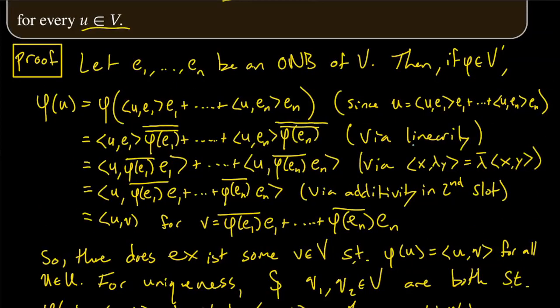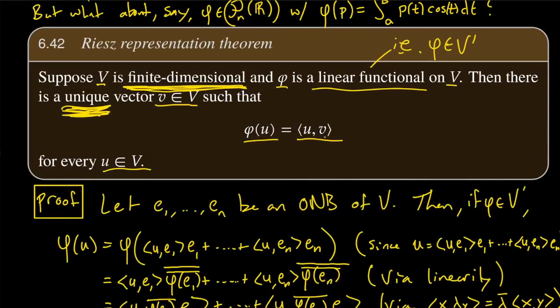And we're done. That is, we found a vector and we said, hey, suppose there are two such options. We showed that really it's actually the same option. There was only one way to do this in the first place. The Riesz representation theorem, guys. How about it? If V is finite dimensional, which notice we need to get a basis, right?